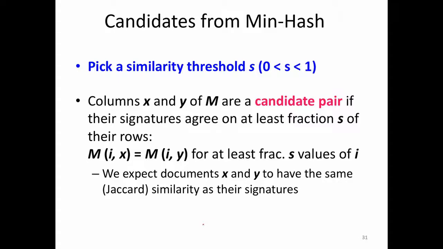So if you have taken k min hash functions, then i is equal to 1 to k. If s fraction of these i's are equal, that is M_ix is equal to M_iy for at least s fraction of all the i's.